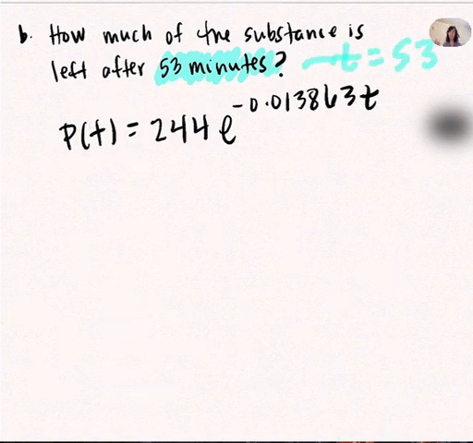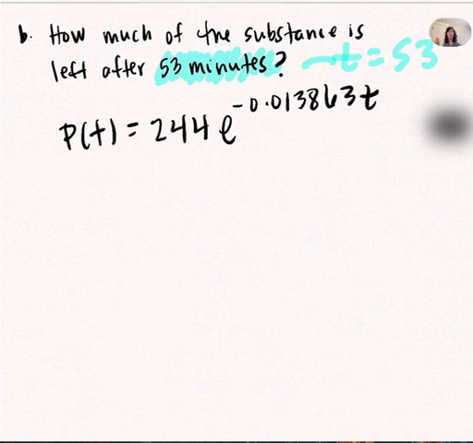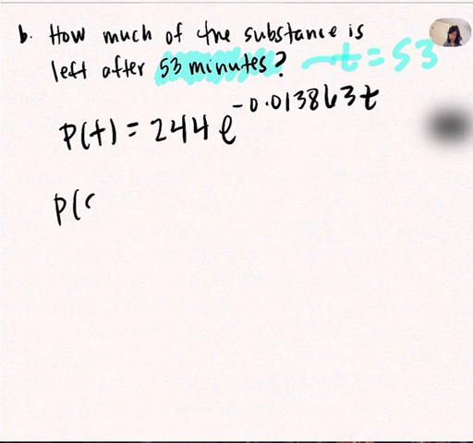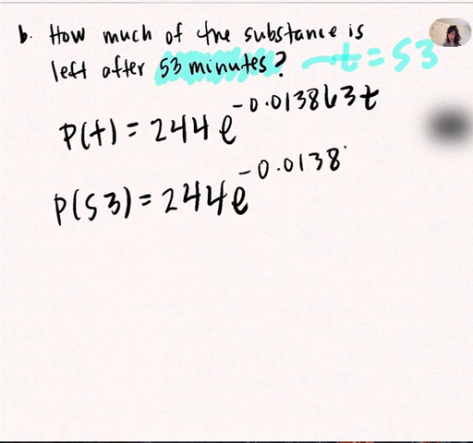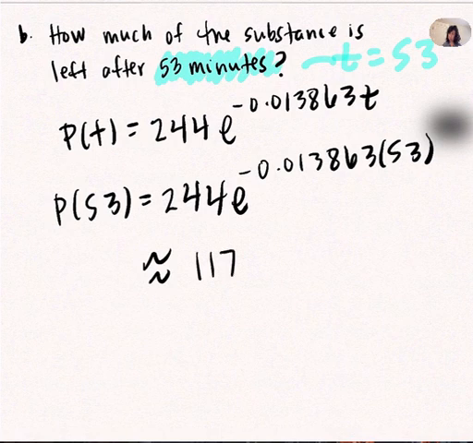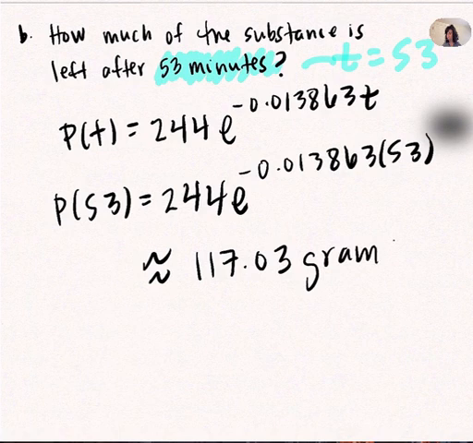So P of t is some amount of substance in grams. All we have to do for part B is plug 53 minutes in for t. If we plug that into our calculator and round, we get 117.03, and this is measured in grams. We know that from earlier.